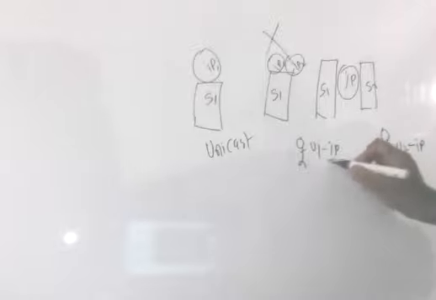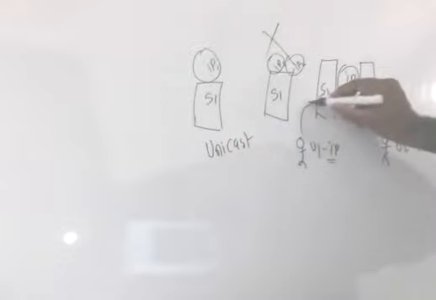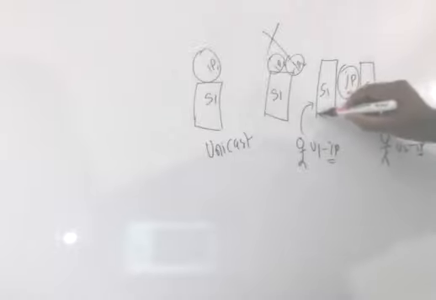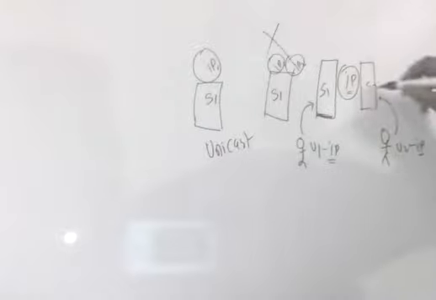When he uses this IP, this user will access the nearest server. When user 2 uses this IP, he will be redirected to S2. So the same IP is utilized, and user 1 accesses S1, user 2 accesses S2.